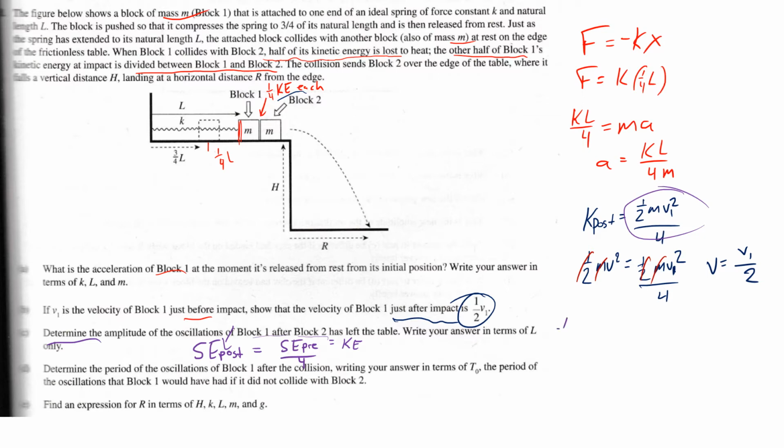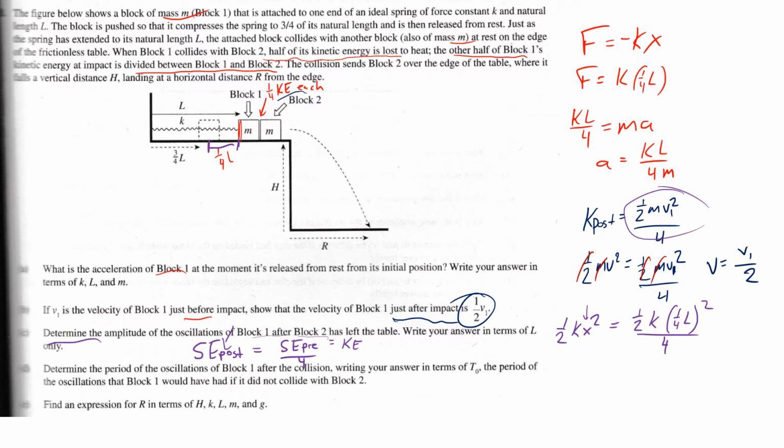So the spring energy post is going to be 1/2 k x squared. This is what we're going to be solving for. And that's going to equal your spring energy pre over 4, which is 1/2 k times the displacement, originally 1/4 L, squared, divided by 4 because it's a quarter of the energy.